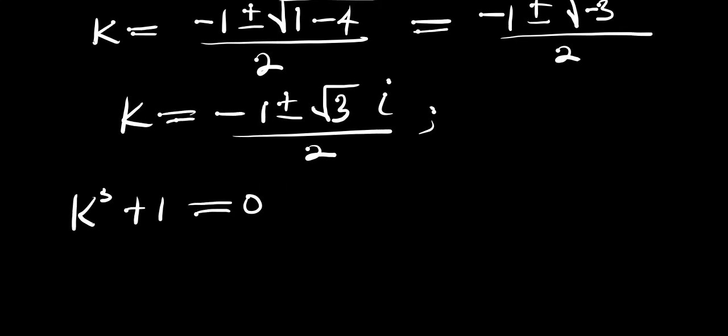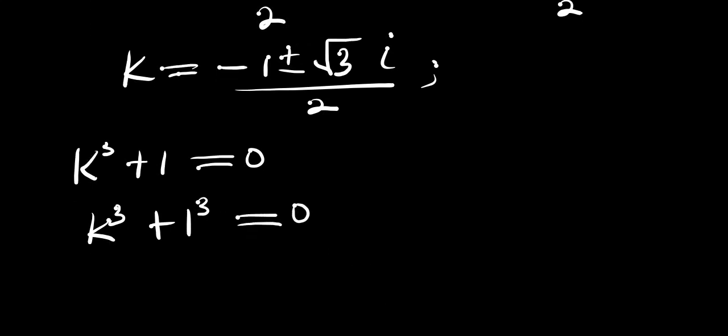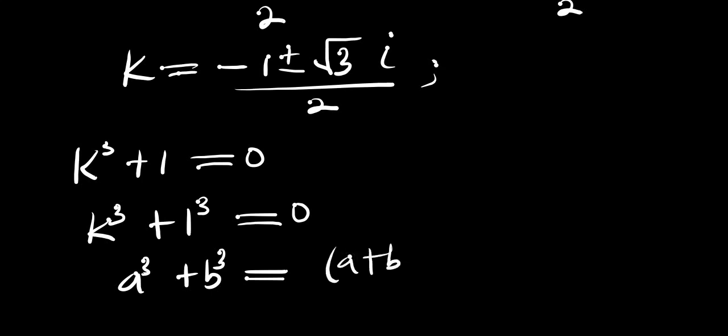And from here we make use of this identity: if you have a^3 + b^3, this equals (a + b) times (a^2 - ab + b^2).